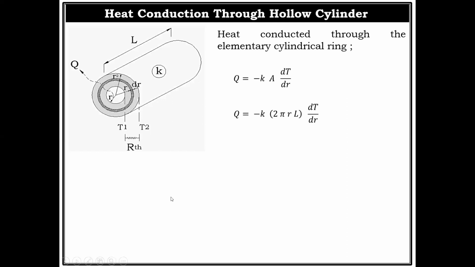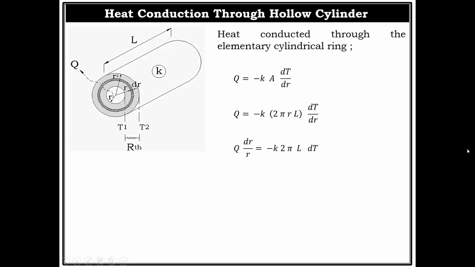Now what is the area? We are considering everything at this elementary ring only, which is at radius r. So at radius r, the area is 2 pi r L. This is the total area through which heat is transferring.